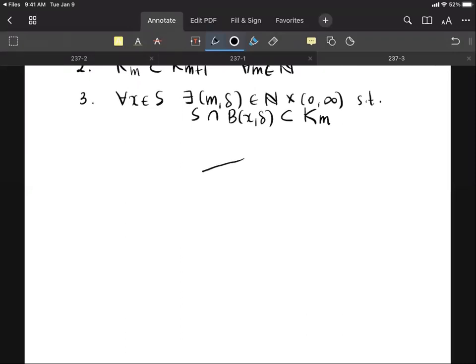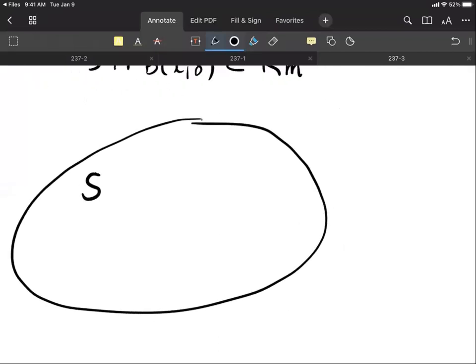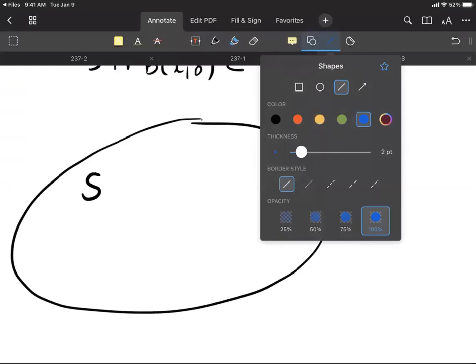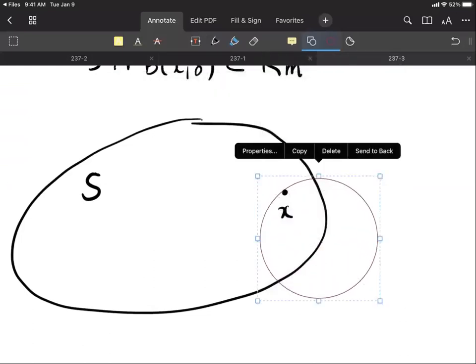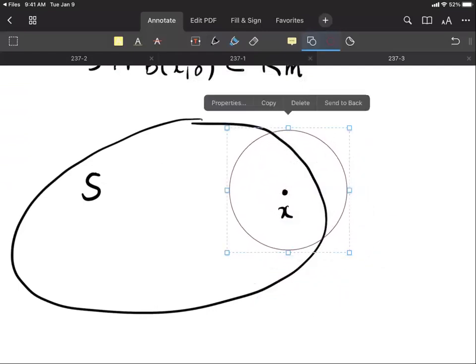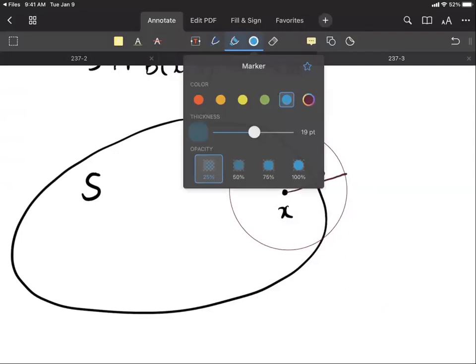To visualize this, suppose this is the set S. You pick a point x in this set, and then you take a ball having radius delta, and for this, you need to find a compact set that would contain the intersection.